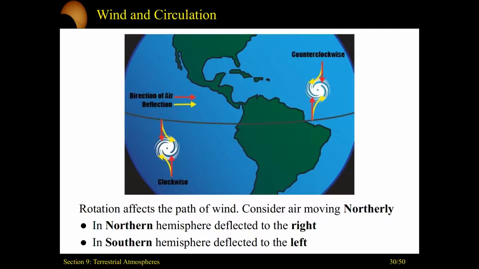So the resulting pattern is that you have, say, storm patterns in the northern hemisphere that are always rotating in a counterclockwise direction, whereas in the southern hemisphere, they'll always rotate in a clockwise direction. That flipping, this asymmetry caused by crossing the equator, is due to the rotation of the planet.